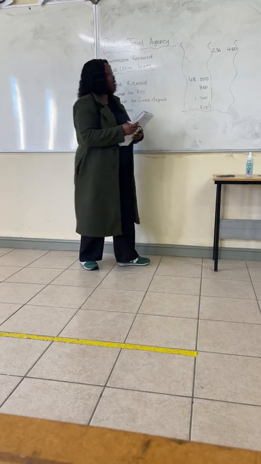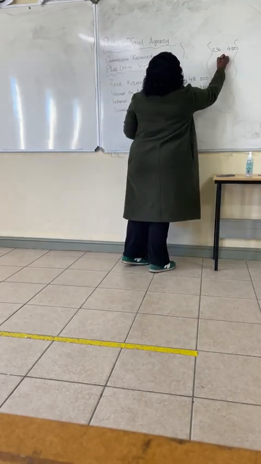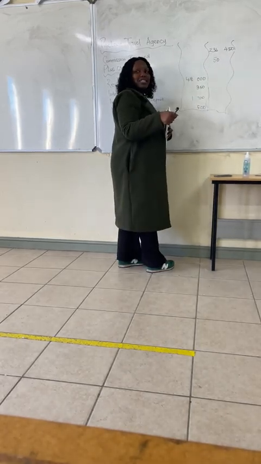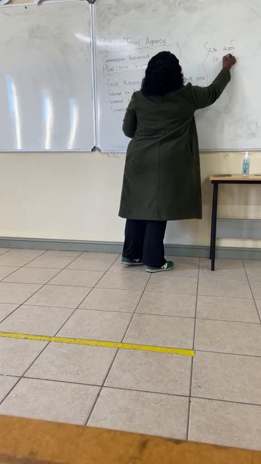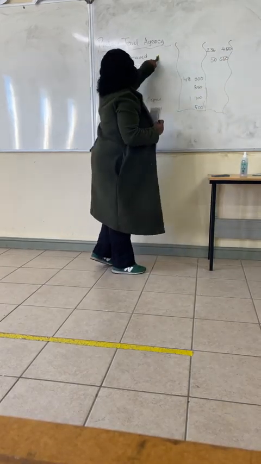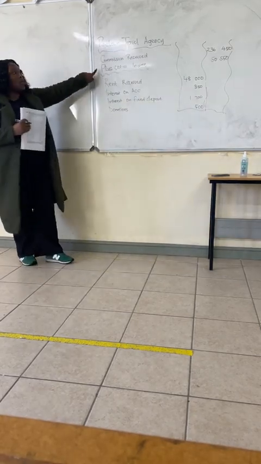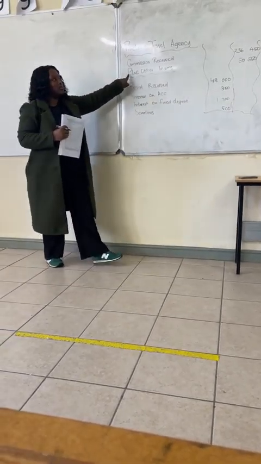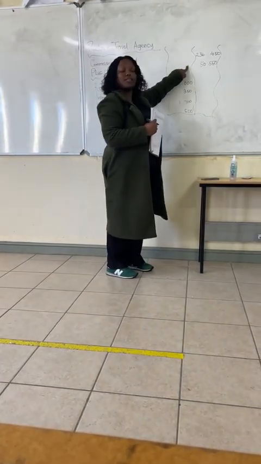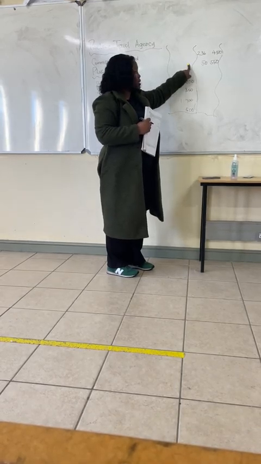How much is it? 50,000? 300 or 450? 550. Okay. Now, you need to add the commission received with your other income, which is the 236,450 together with 50,550. How much is it?